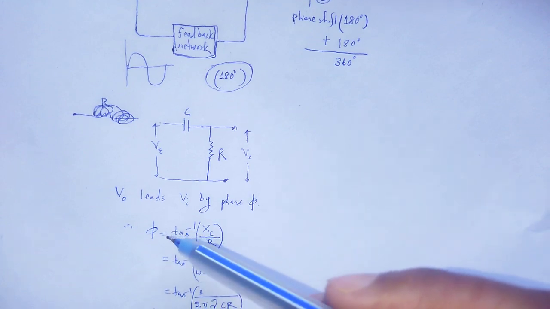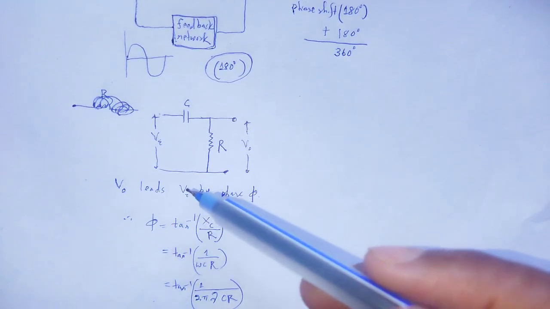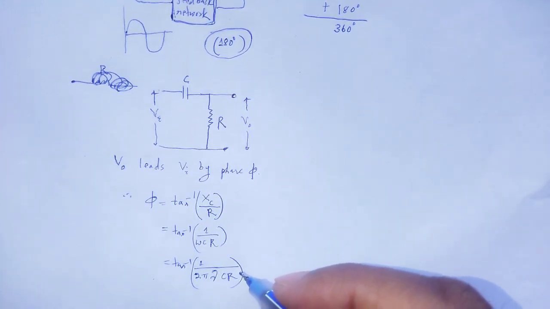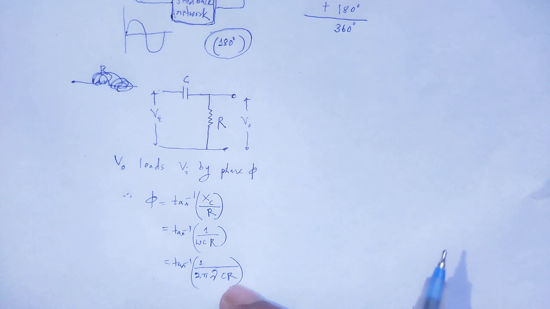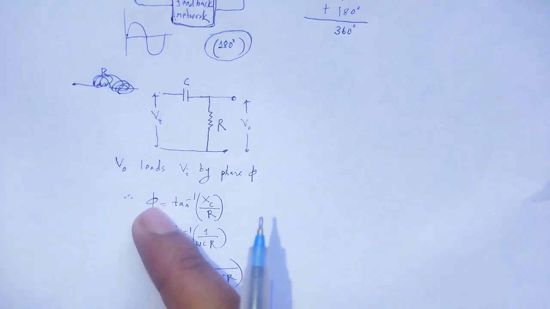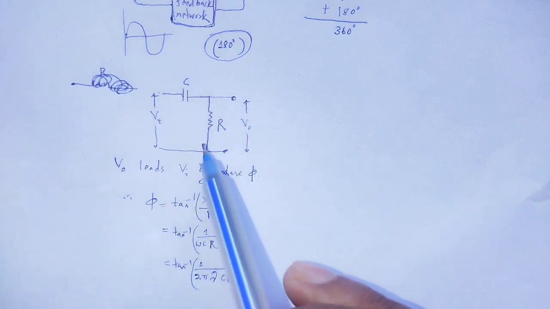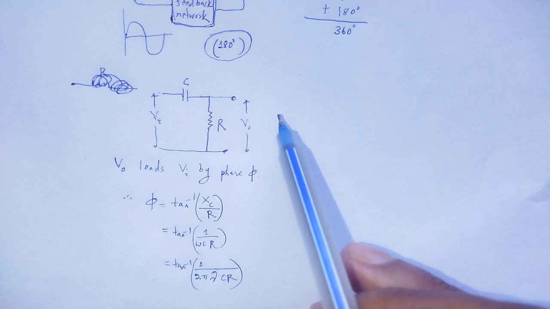Now, the maximum value of φ we obtain by taking R equal to 0. If we put R equal to 0, then φ will be 90 degrees, and in that CR network we have a 90 degree phase shift.